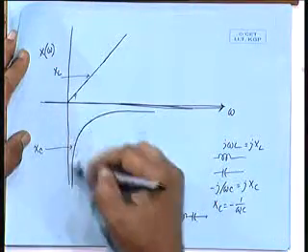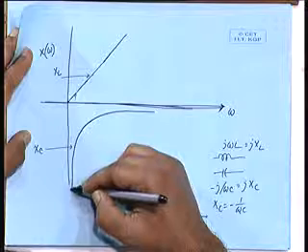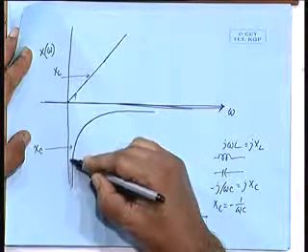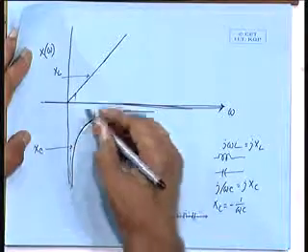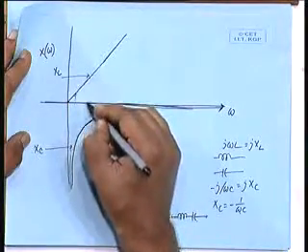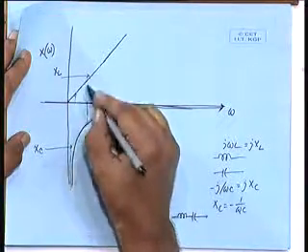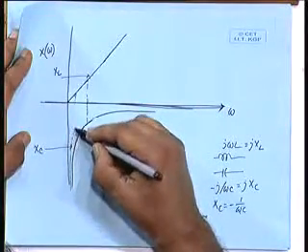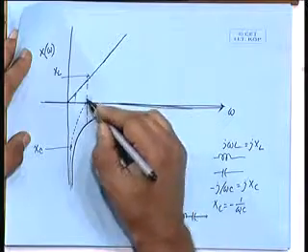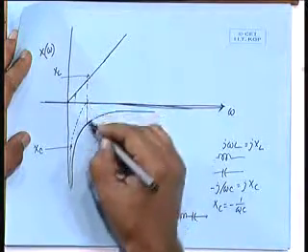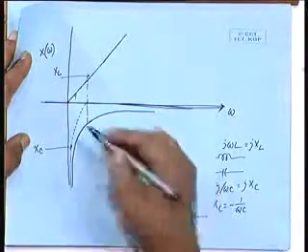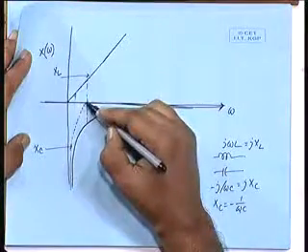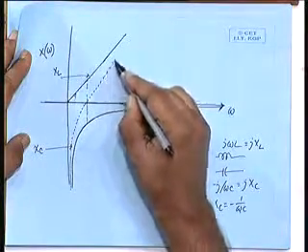So initially this is 0, this is minus infinity, so the net value I will show by a dotted line, will go like this, and when this magnitude is equal to this, it will be 0. So the net value will pass through the origin at this point when omega L is equal to 1 by omega C. And then finally this is tending to 0, but this is increasing, so it will be asymptotically catching up with this.